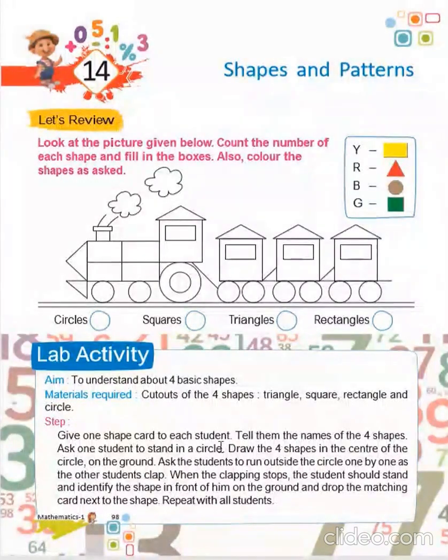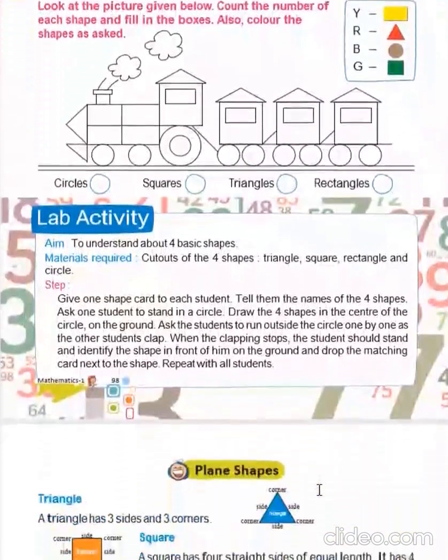Then the one who is inside the circle will clap and all others will roam around the circle. Then the person will stop the clapping. The student should stand and identify the shape in front of him on the ground, and he also has to drop the matching card next to the shape. Like this, we have to do this activity.